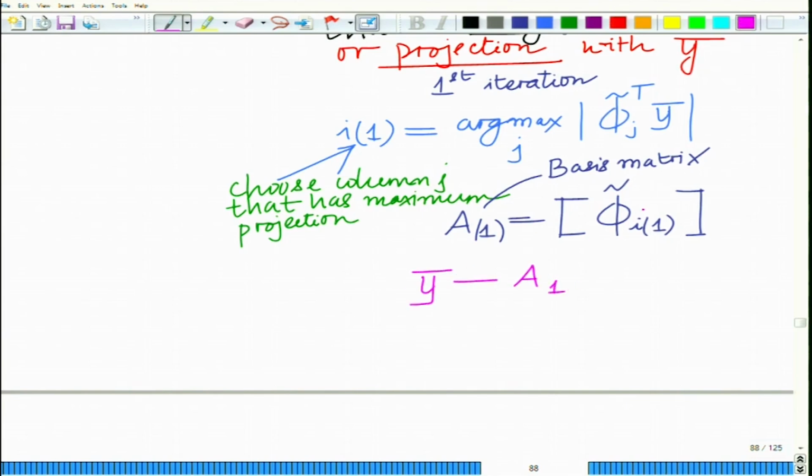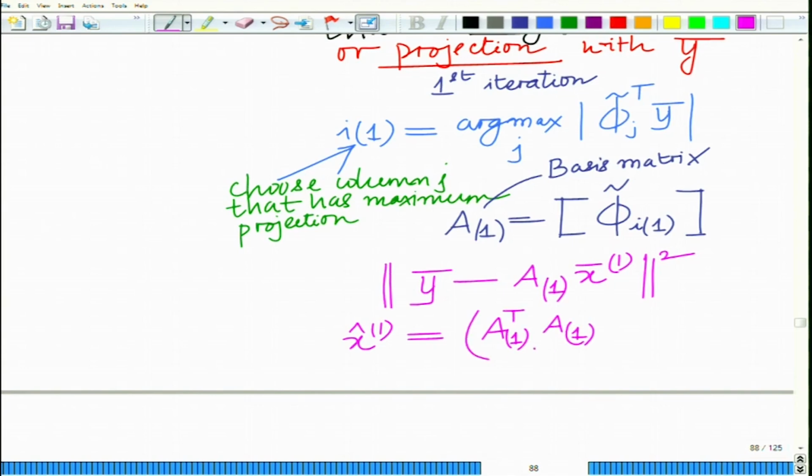This A1 is the basis for the linear combination, and now we are trying to minimize the least squares norm, such that you find the best vector x bar 1 in the first iteration that minimizes this error corresponding to y bar, and therefore the estimate x hat 1 corresponding to our basis A1 is given as (A1 transpose A1) inverse A1 transpose y bar. This is basically the first iteration.